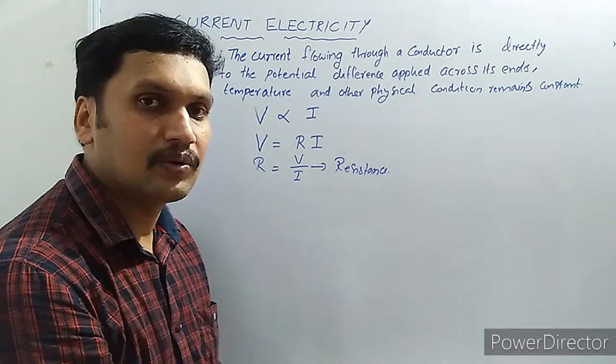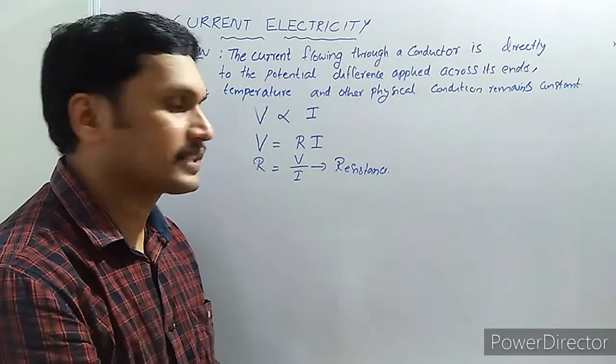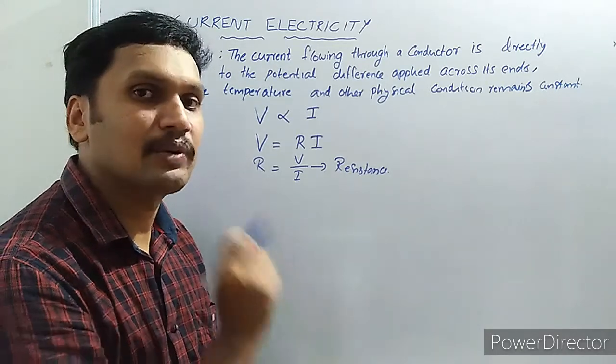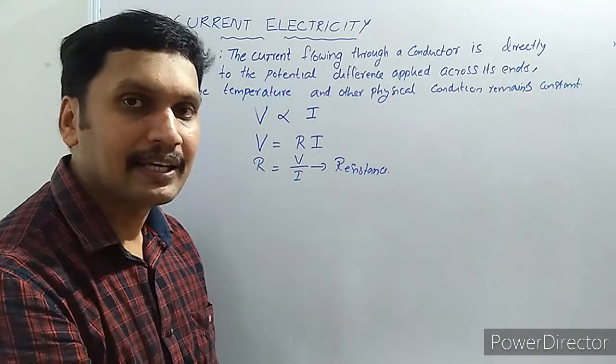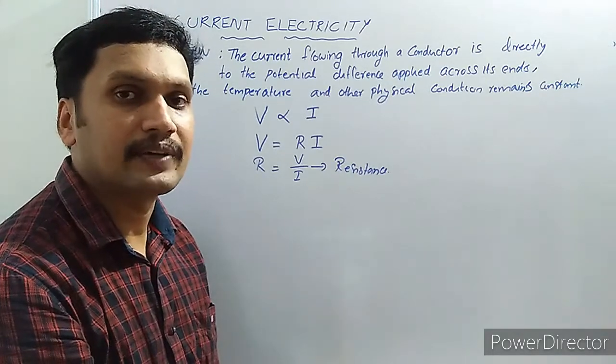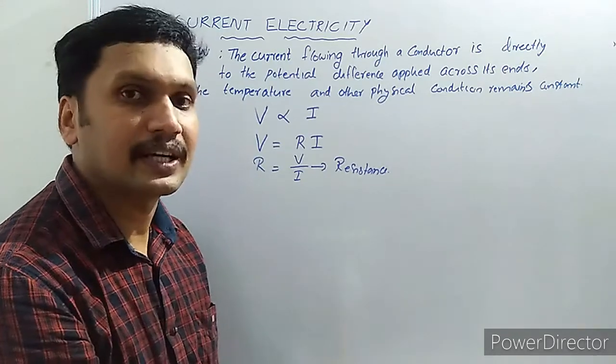R is equal to V by I. It is the opposition offered by the conductor to the flow of electric charges through it.